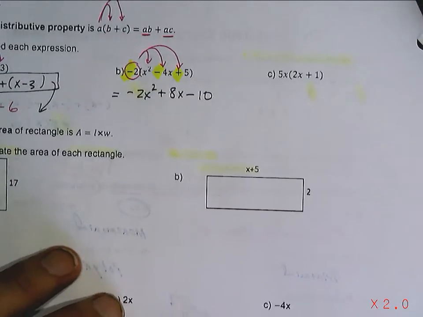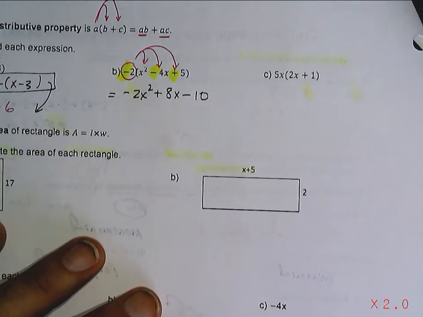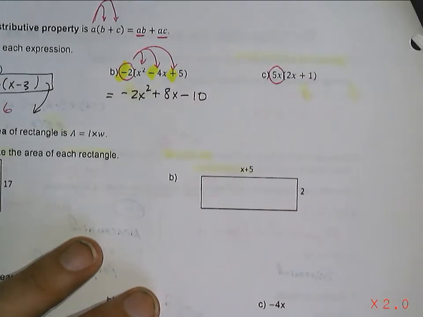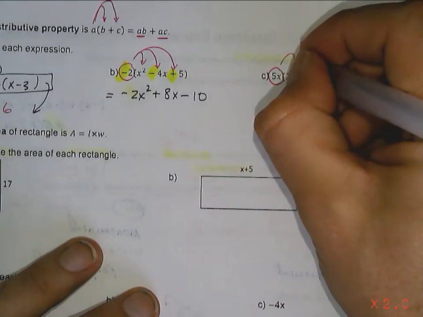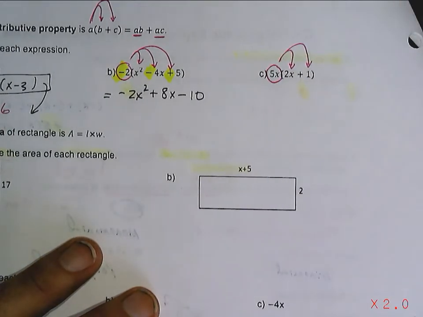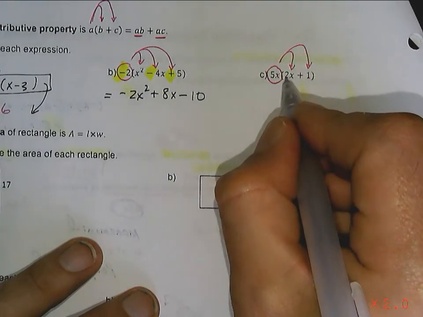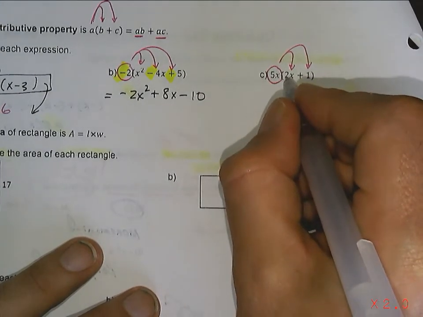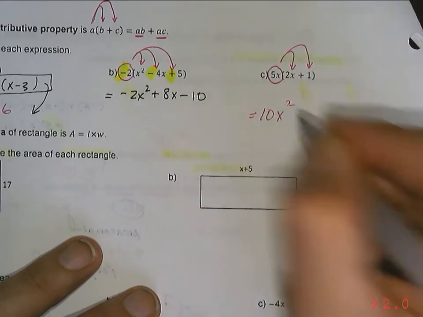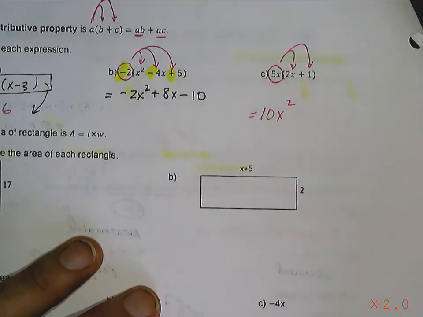Now, here's a new one. You haven't done this one yet in this class. Instead of it being a 5, it's now a 5x, and it's going to be multiplied to a 2x and a 1. So, go back to the beginning. 5x times 2x: 5 times 2 is 10, x times x is x squared, because what that means is x times x.